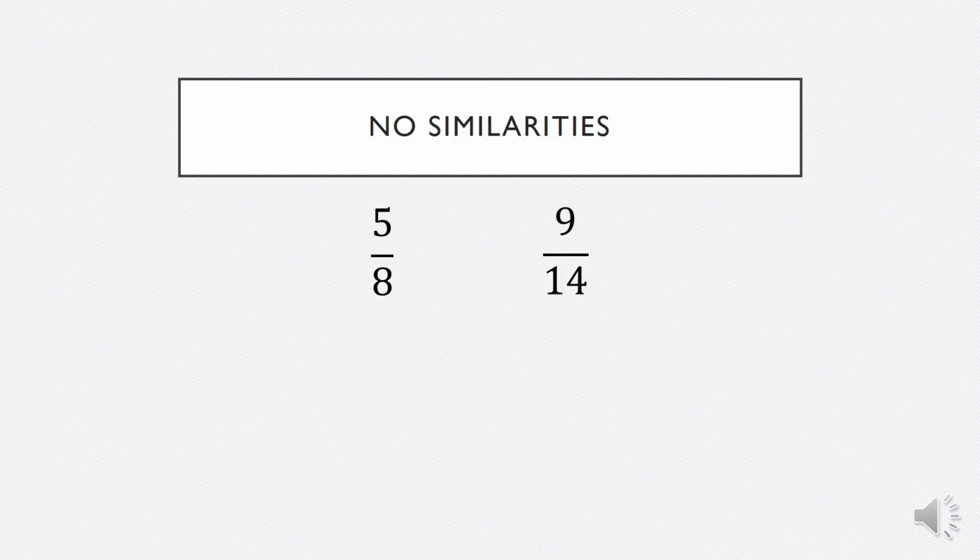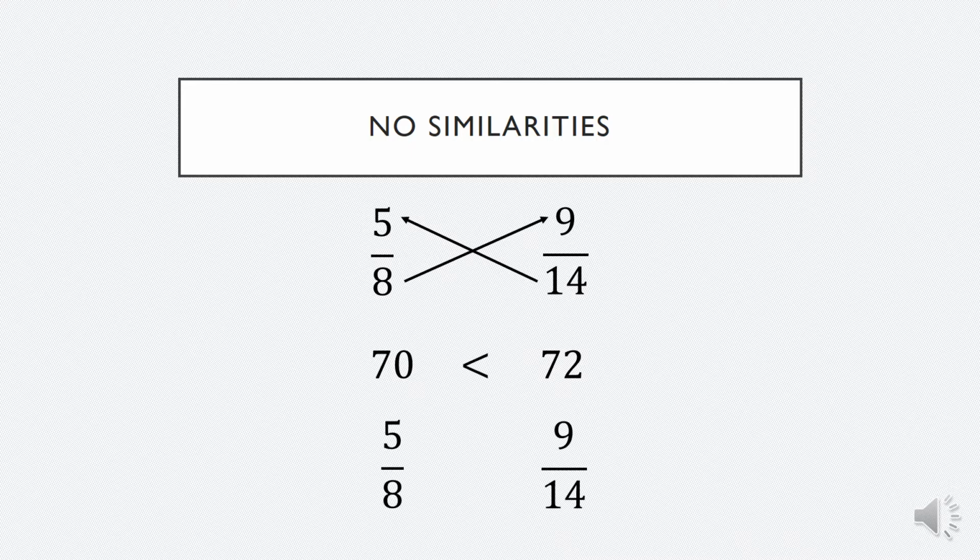So I'm going to take 14 and multiply it with 5 and write the result on the 5 side. 14 times 5 is 70. Then I take 8, multiply with 9, and write the result on the 9 side. 8 times 9 is 72. And now it's just like the previous example. 72 is bigger than 70, so 9 over 14 is bigger than 5 over 8.